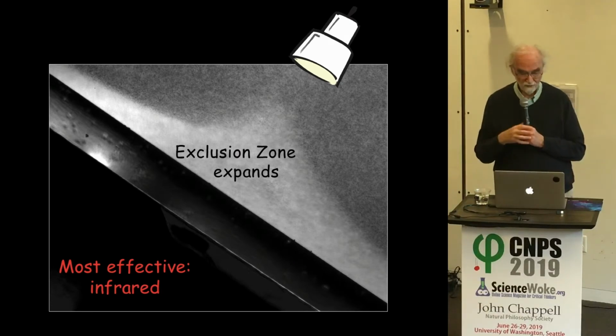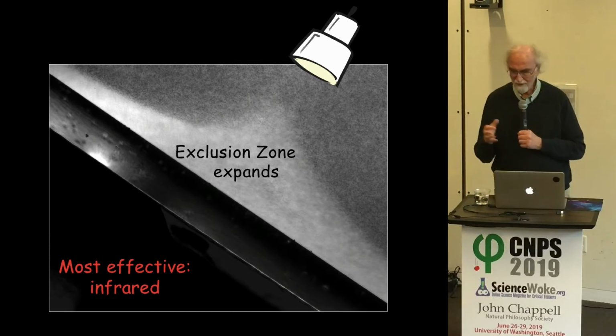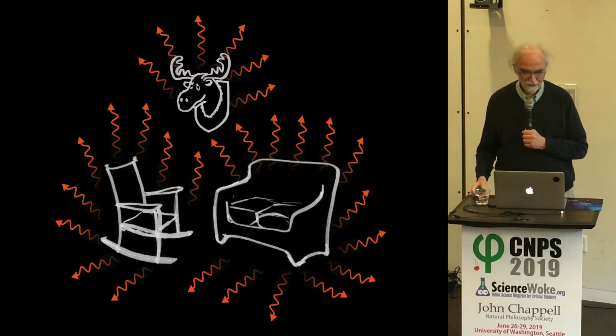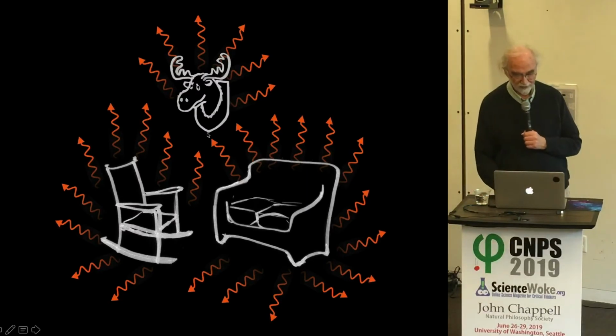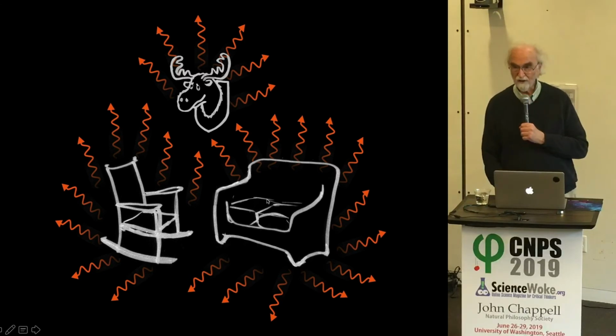So the question always arises, well, infrared, that's kind of a weird kind of energy. Where do you find it? Where does it come from? And the answer is it's all over the place, that everything you have is radiating infrared energy.